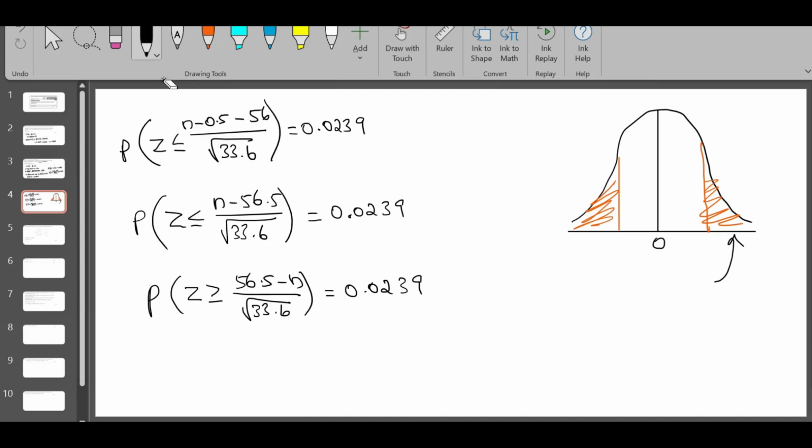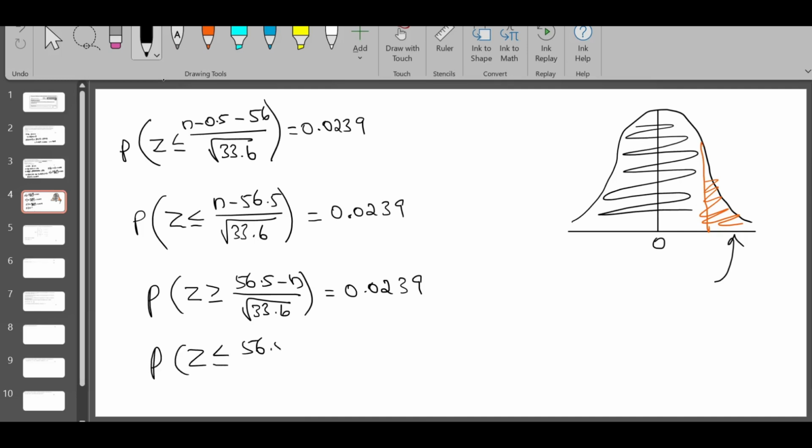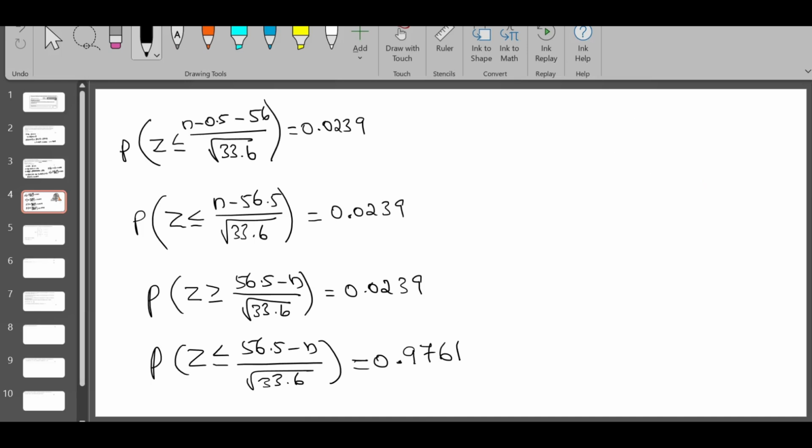But we can use the table only for the area on the left hand side. So the area on the left hand side of this positive number will be 1 minus this, which is 0.9761.